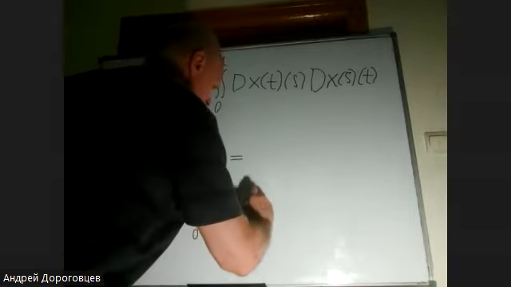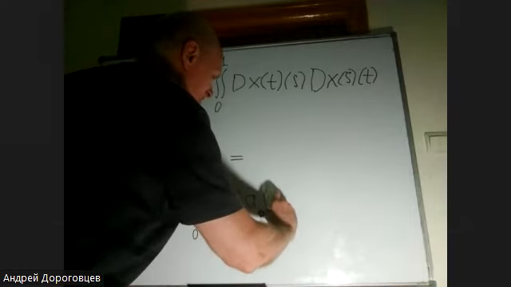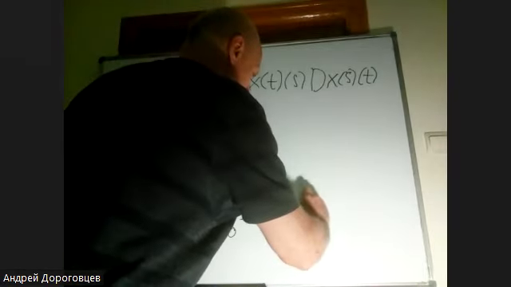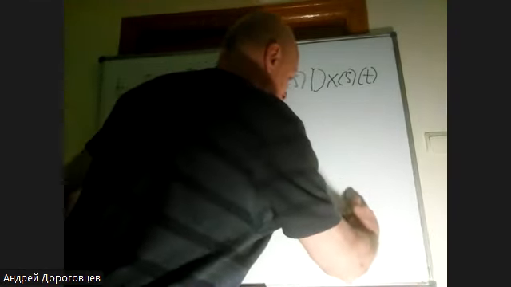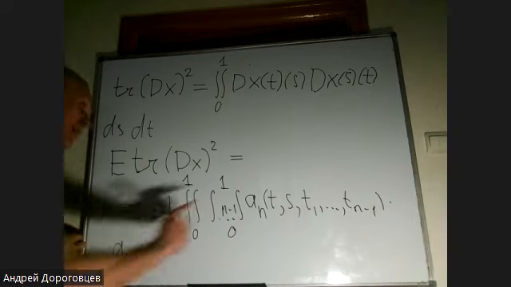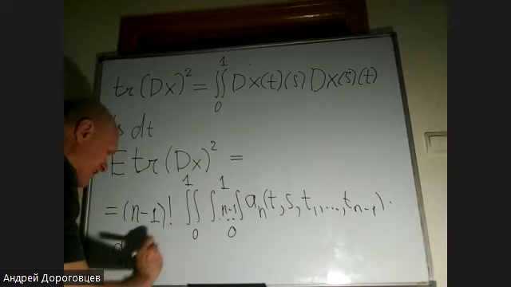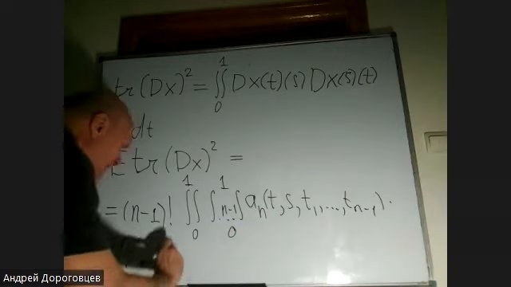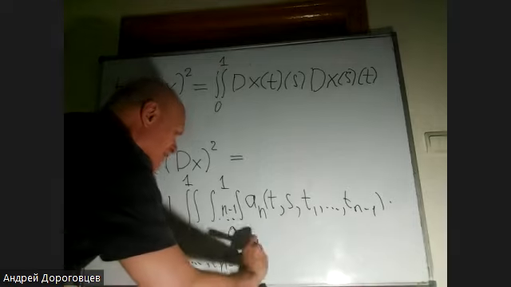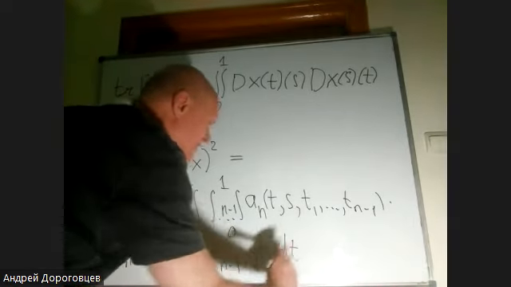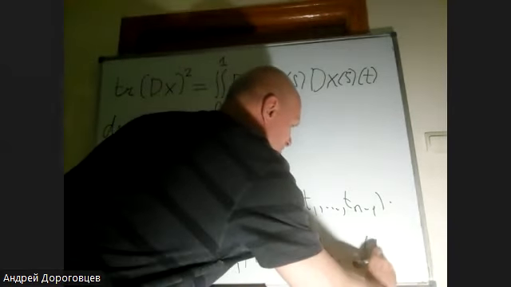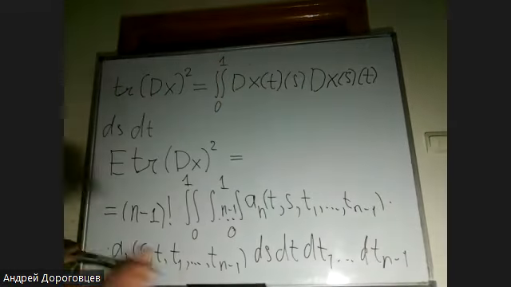Here we have a_n(t, s, t1, ..., tn minus 1), multiplied by a_n(s, t, t1, ..., tn minus 1), ds dt dt1 ... dtn minus 1.